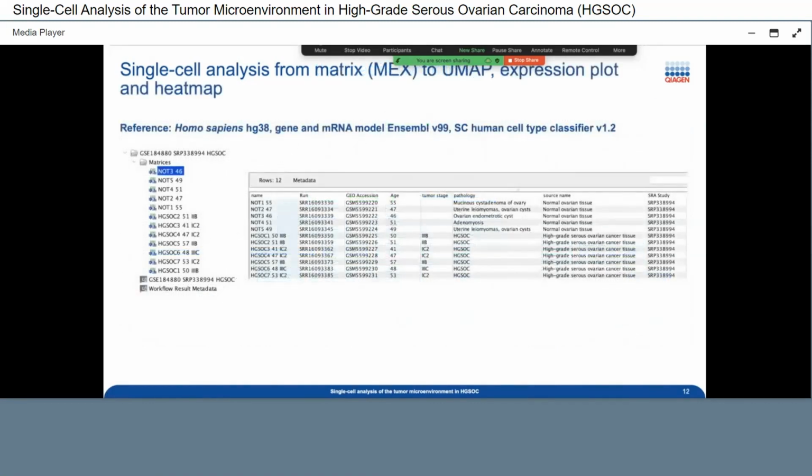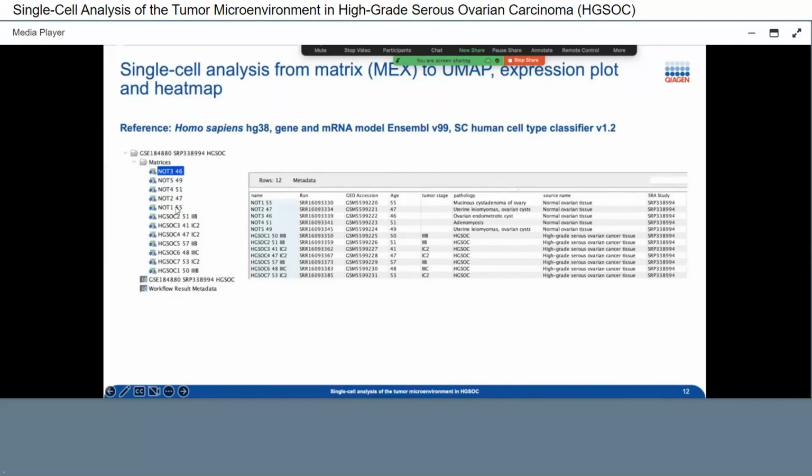This is the matrix I have imported. As I said, they are from the MEX format, Cell Ranger from 10x Genomics. And the protocol is basically, once you have set up your consensus genome, your gene model, which is the Ensembl V99, you know what type of classifier we use, which is version 1.2 as of now. We are going to process all these different matrices.